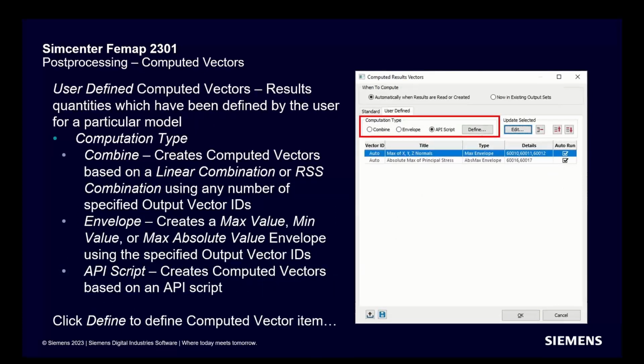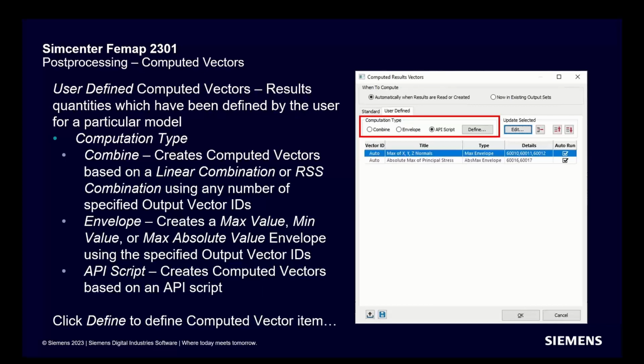So the other type are the user-defined output vectors, and this is much more customizable. There seems to be a lot of potential here that we're still investigating here at SDA. But the three different types are combined, which obviously you can create a linear combination or RSS combination of different output vector IDs.